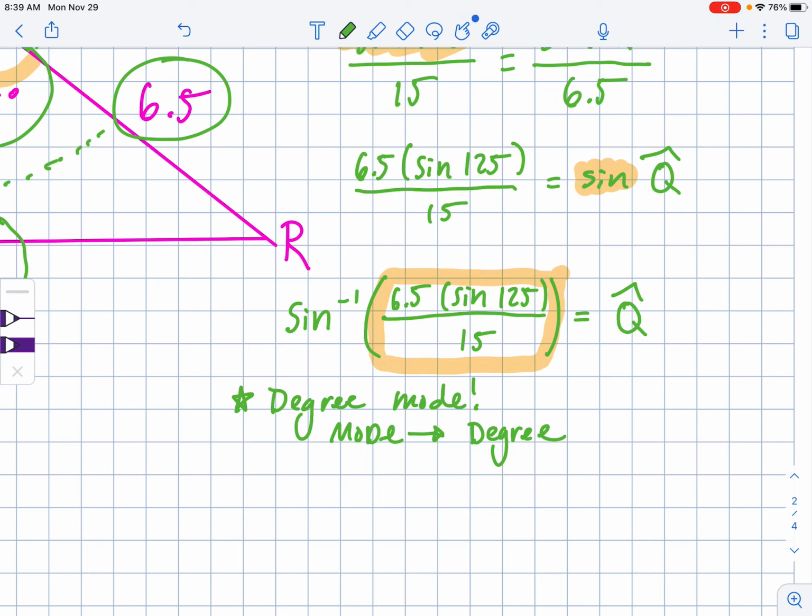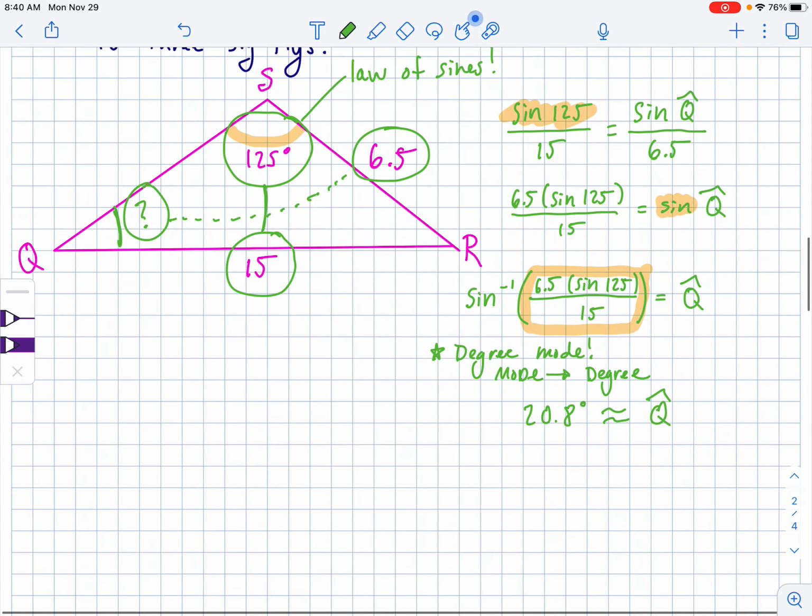Now if I hit sine inverse 6.5 times sine of 125 divided by 15, make sure you close parentheses, use safety parentheses as much as possible, I get 20.79. Yeah, so to three significant figures, 20.8 degrees is about angle Q. And that is our final answer for the problem.